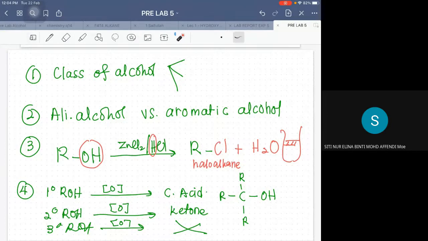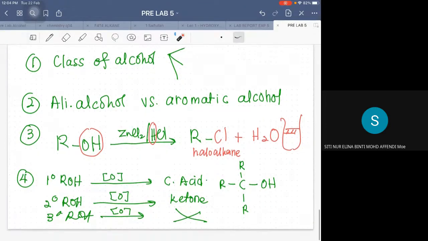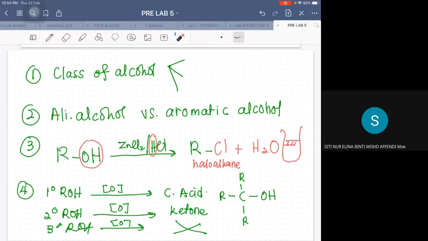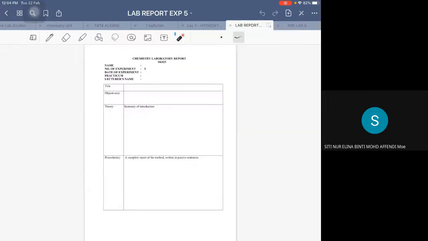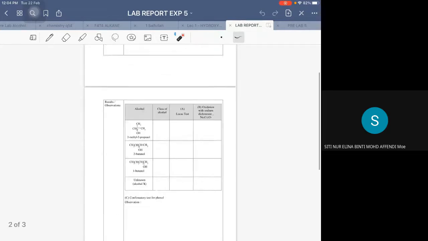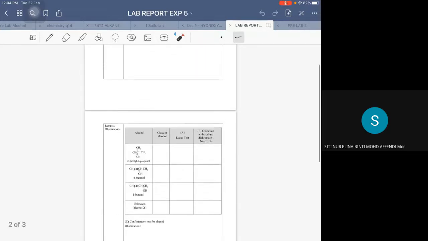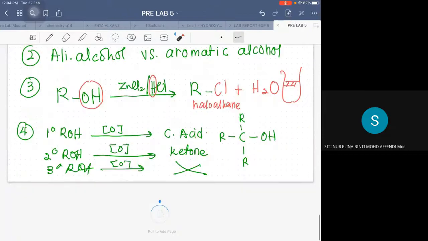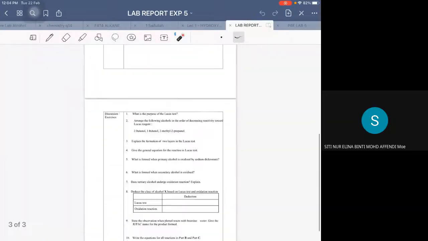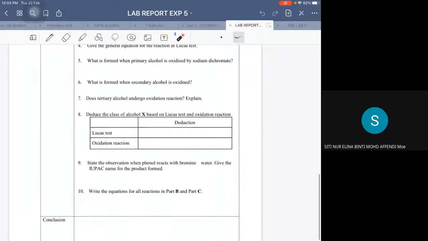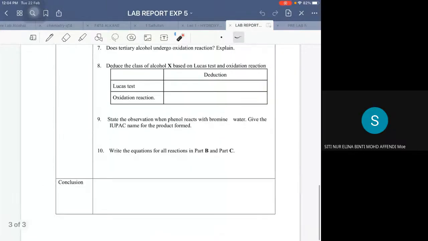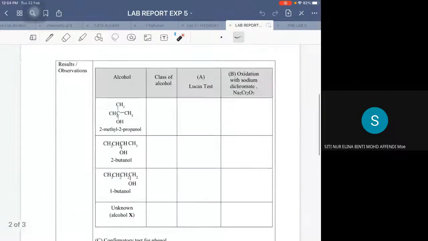Faham tak? Okay, tak apa, saya bagi masa untuk balik study balik alkohol ni. Tengok, and then saya bagi masa untuk kamu siapkan benda ni. So cuba buat sebagai latihan berpandukan apa yang saya dah bagi. Okay, you tengok balik dan cuba jawab. Boleh? Ada masalah?